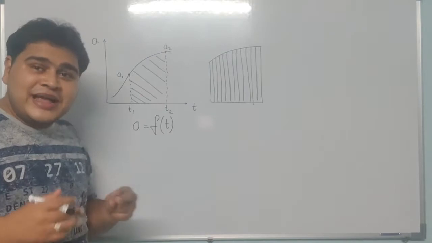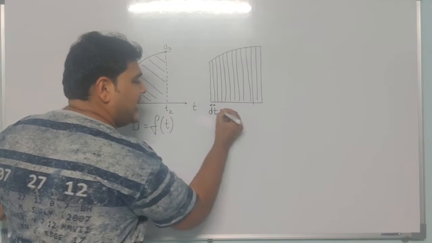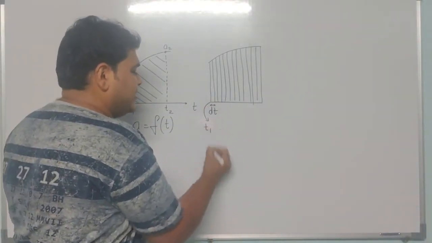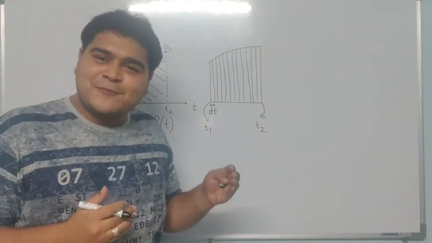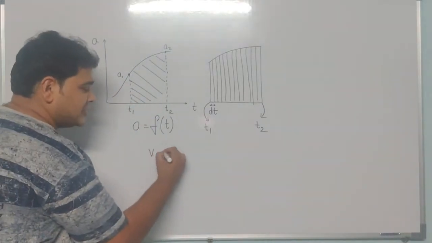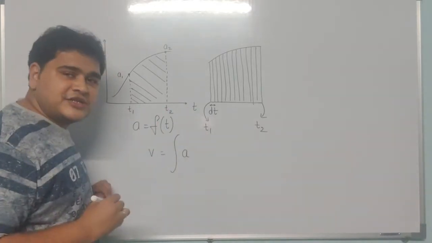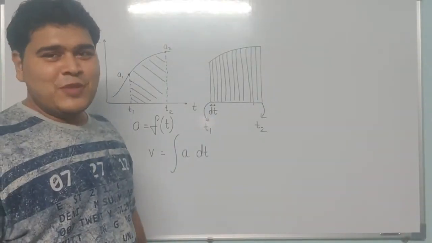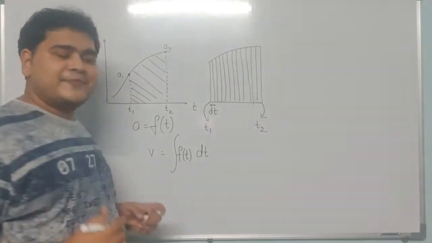So I can do the integration for every small tiny time interval dt, from t1 to t2 as the two limits. Simple. That means I can say the velocity is going to be the integration of acceleration with the time interval of dt, and I can write the acceleration as f of t.